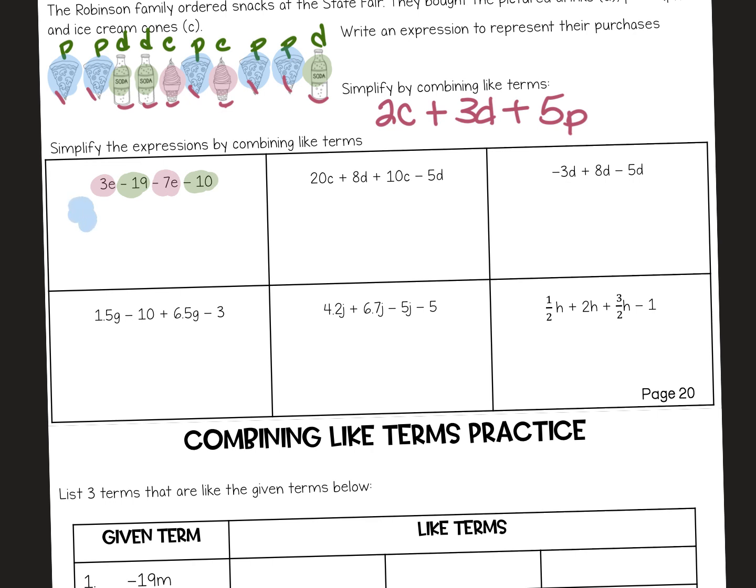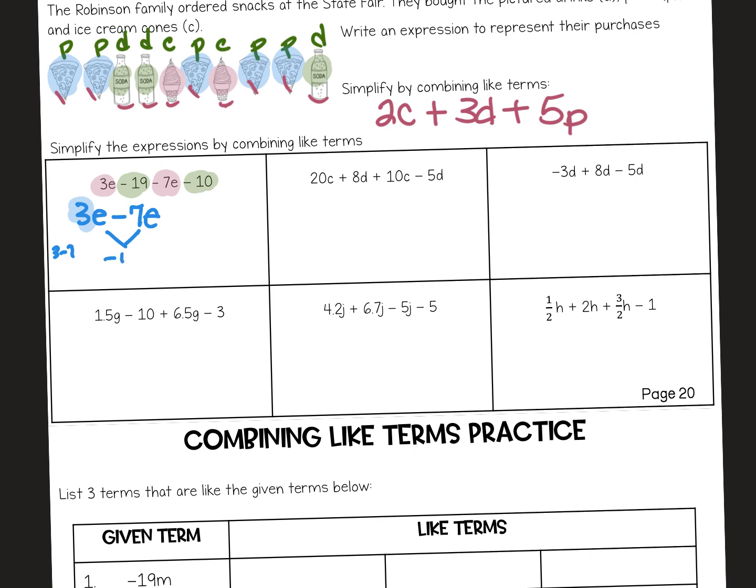Let me get the pencil. Sorry about that. I'm going to get 3E minus 7E. So in my calculator, I'm going to do 3 minus 7, because those coefficients tell me how many times it's represented.